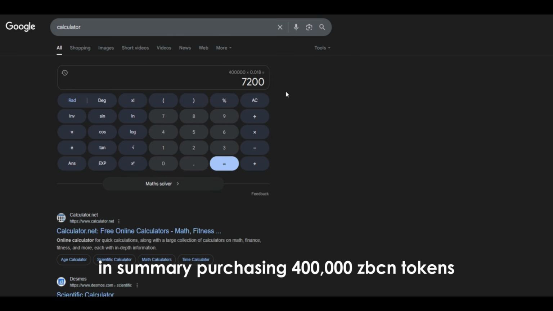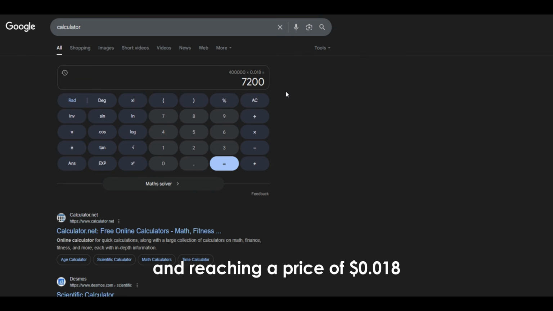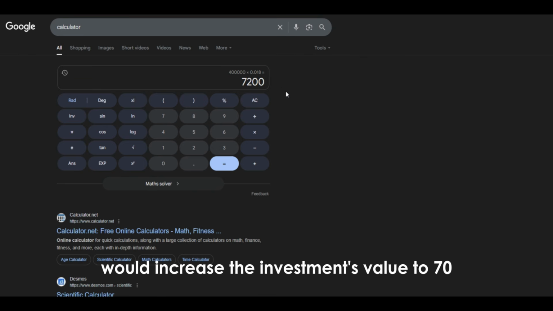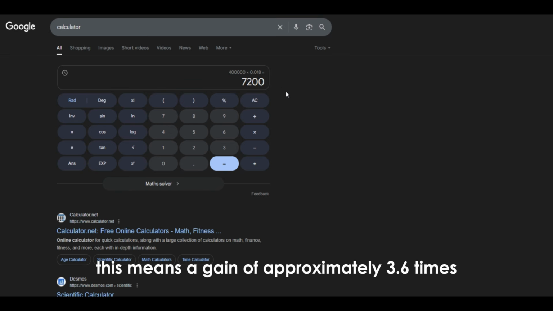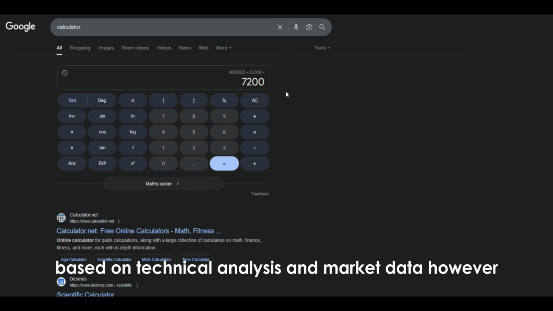In summary, purchasing 400,000 Zbcn tokens with a $2,000 investment and reaching a price of $0.018 would increase the investment's value to $7,200. This means a gain of approximately 3.6 times the initial investment and is considered a reasonable target based on technical analysis and market data.